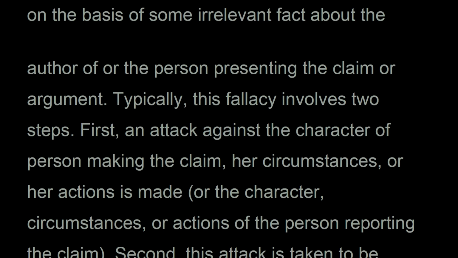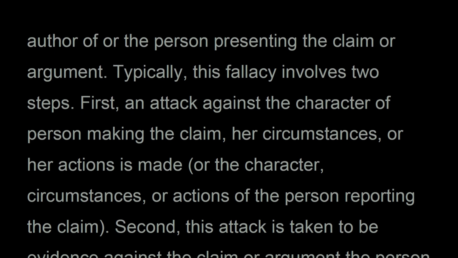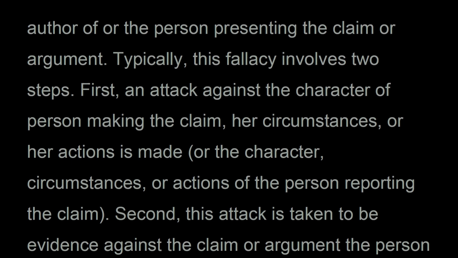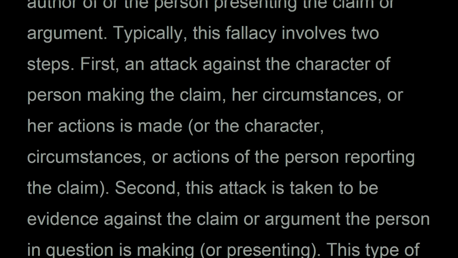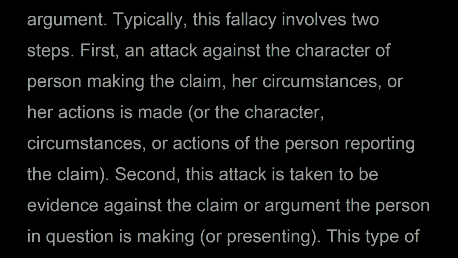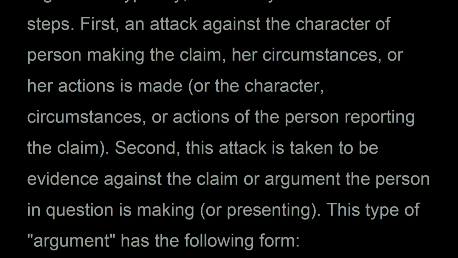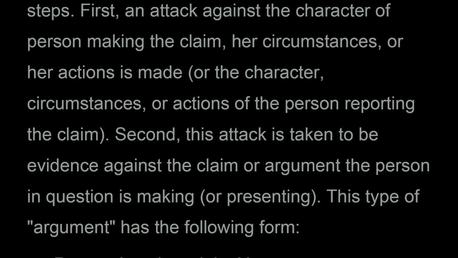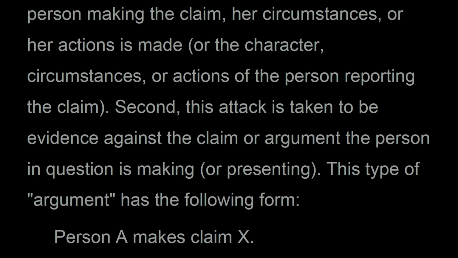First, an attack against the character of the person making the claim, her circumstances, or her actions is made. Or the character, circumstances, or actions of the person reporting the claim.